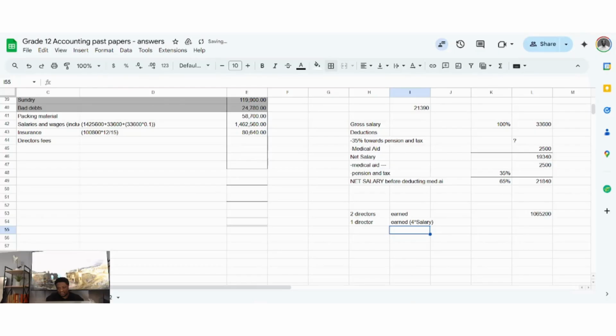So the first thing that we need to do is to think about, well, if we can take that amount of the directors and divide by 2 and then divide by 12, it would give us how much these directors earn. But then we need to think about the fact that these directors got an increase during the year. So the first thing that we want to do is to basically take out the effect of that increase. So we have a total of 1,065,200, and then we're going to say less the effect of increase.